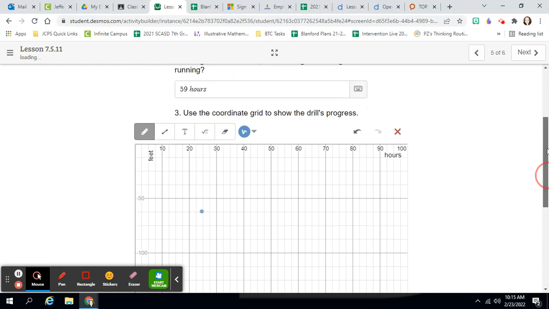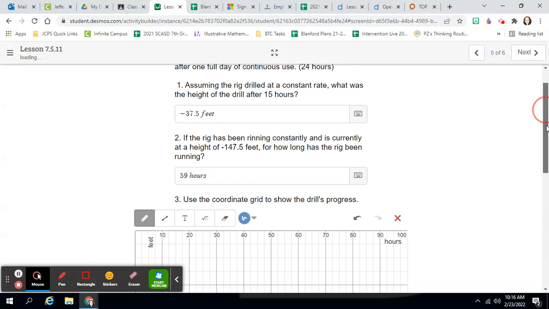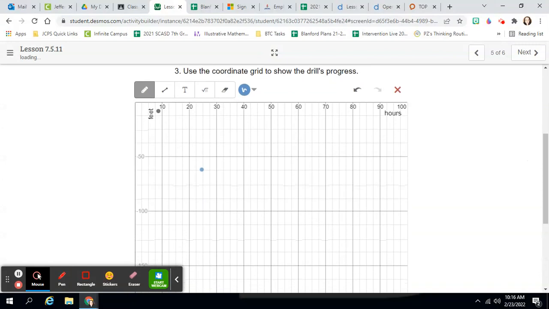The next part we saw was at 15 hours, it was at about negative 37.5. So I'm going to find 15 hours. I know 15 is exactly between 10 and 20. And then negative 37.5: negative 50, we know half is negative 25, so it's going to be about in here.